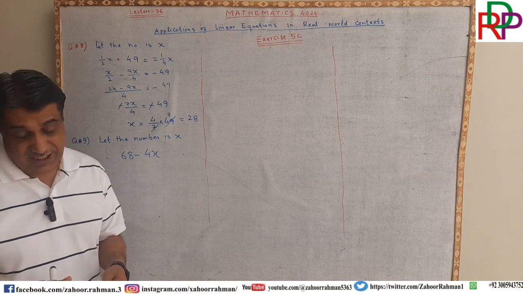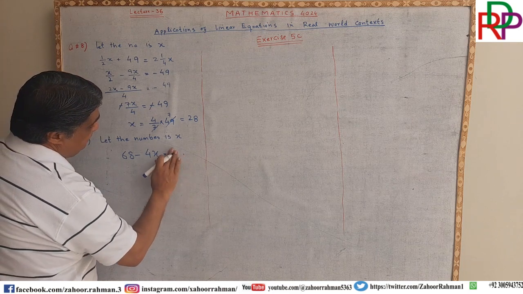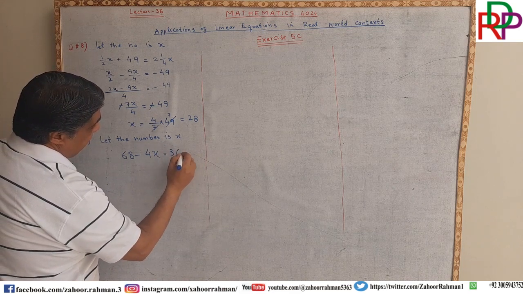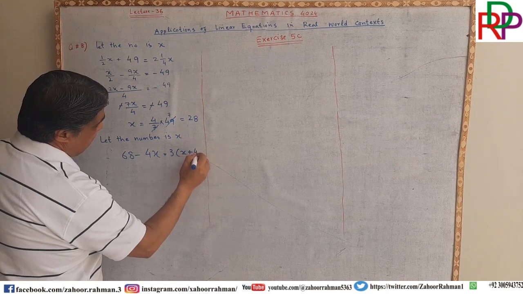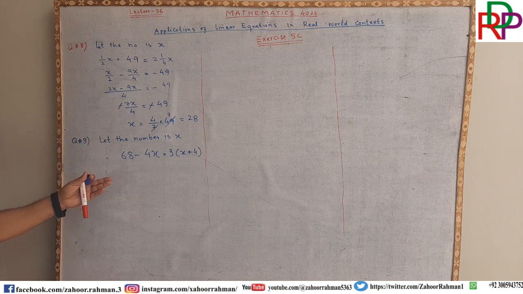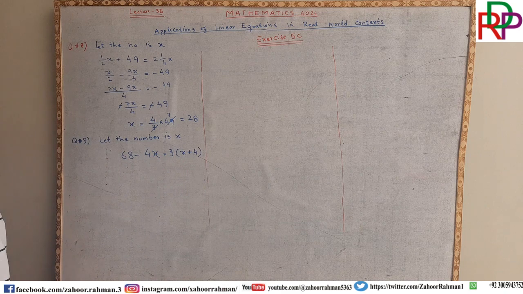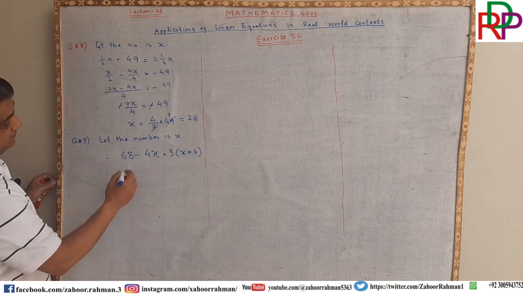So we have to take 3 times x plus 4. The sum of the number with 4, and 3 times that result will give you the same as it is on the left side.